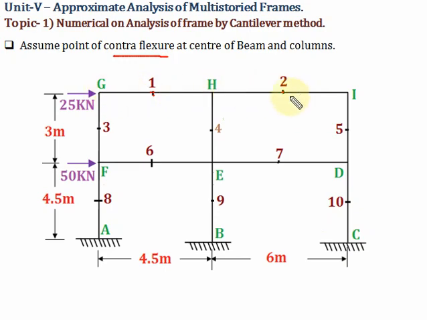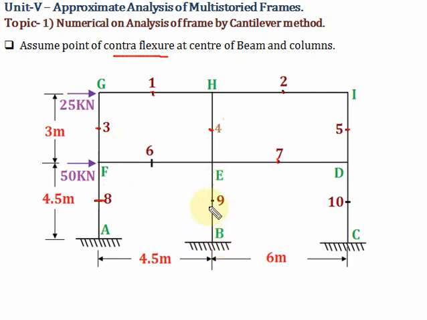Now for the column GF, we are considering 3 as the point of contraflexure. Then for EH, 4, then for DI, 5 as a point of contraflexure. Then for beam FE, 6 is the point of contraflexure, and for beam ED, 7. Then for column AF, point 8 is the point of contraflexure.